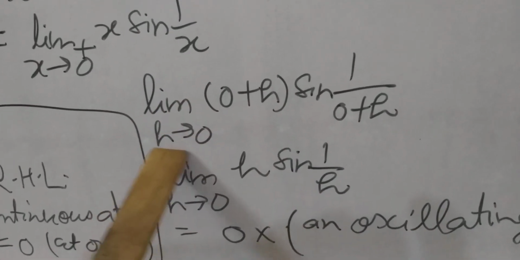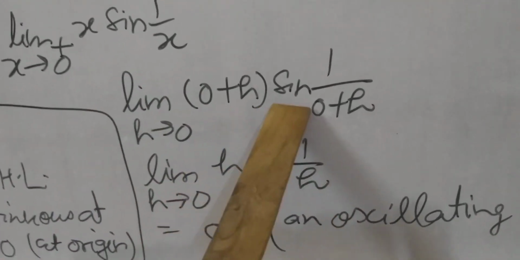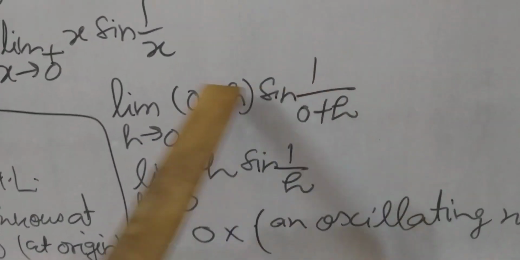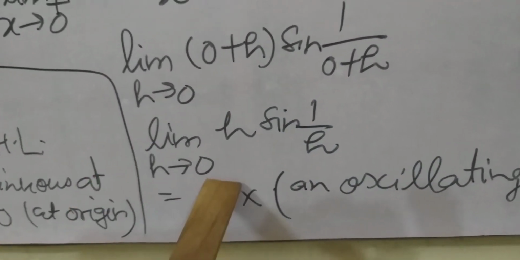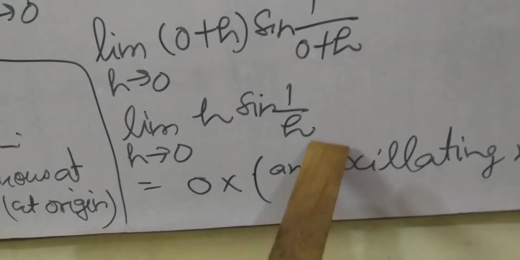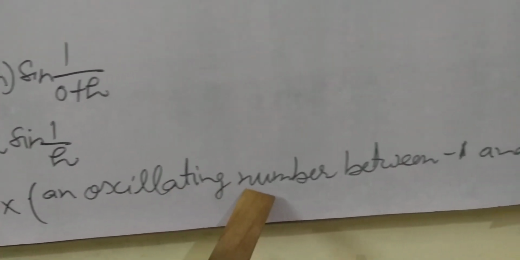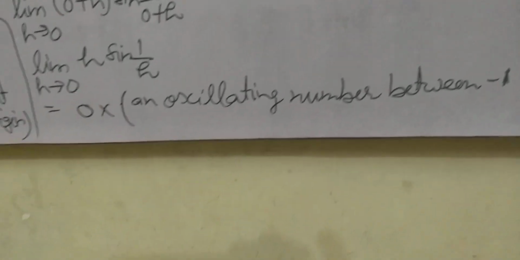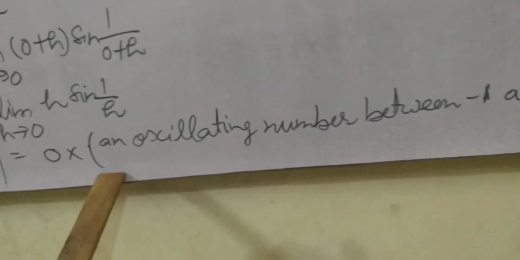As we did in the previous question, at the place of x we have to write 0 plus h, limit h tends to 0, h sine 1 upon h. H value 0, 0 into an oscillating number between minus 1 and 1. So the answer is 0.